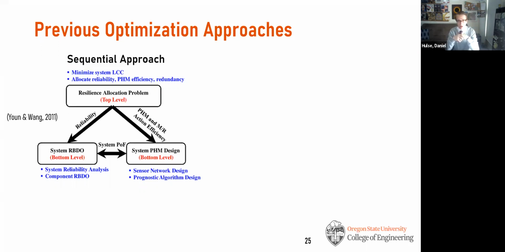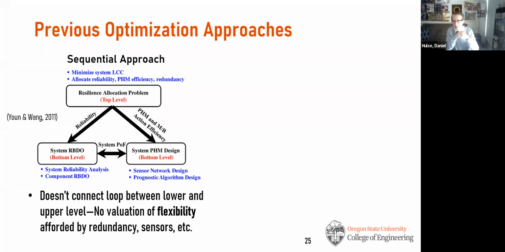First you have this top level system-wide resilience allocation, where you have different subsystems, and then you allocate target levels of resilience to each of them. And then after that resilience problem is done, you then solve the subsystem level problems, trying to achieve each of those targets.